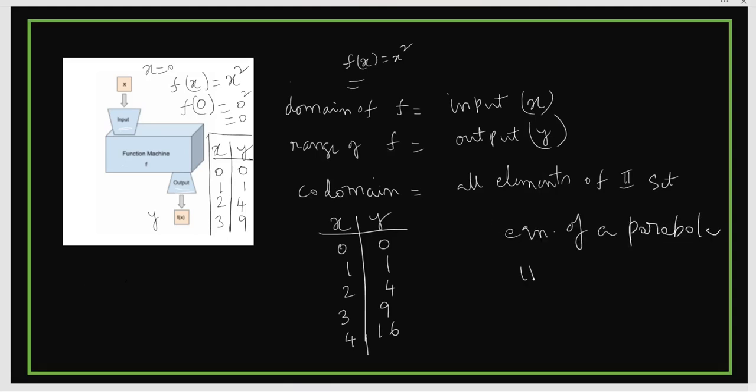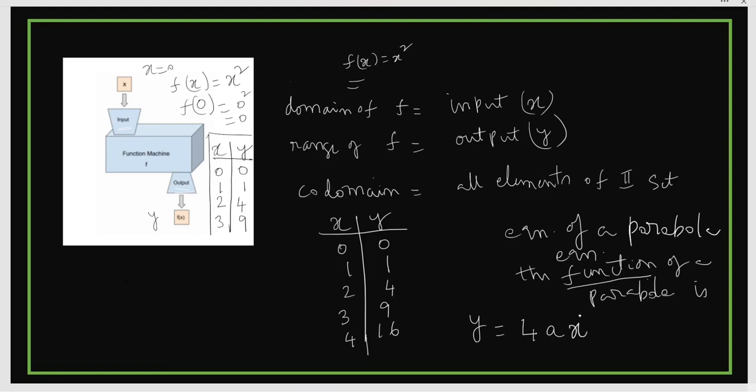The function of a parabola is the function or equation; you can call it equation. The equation of a parabola is x squared equals 4ay.